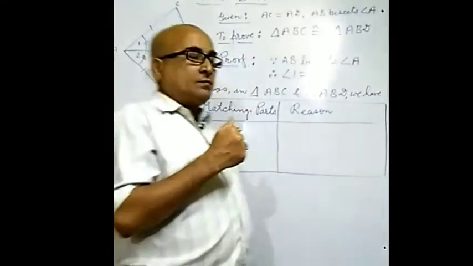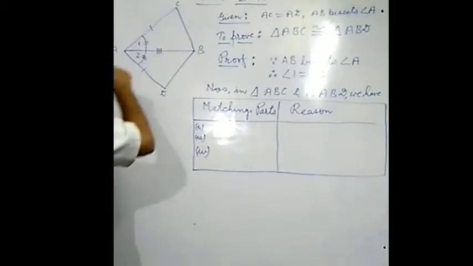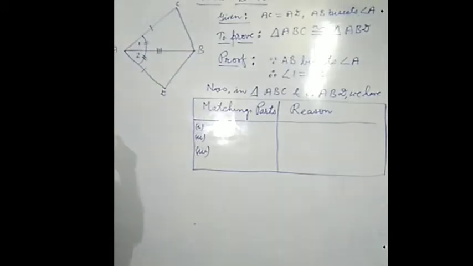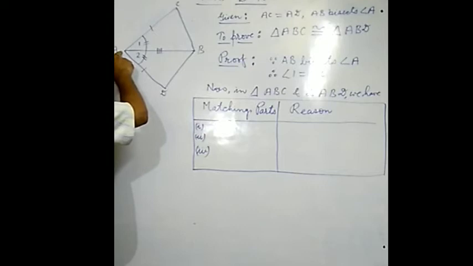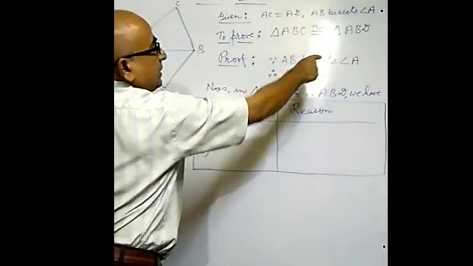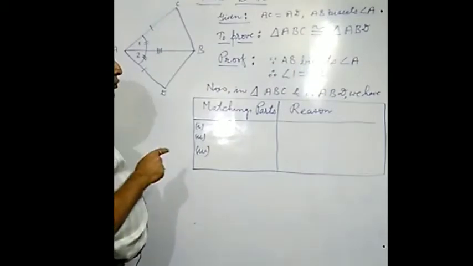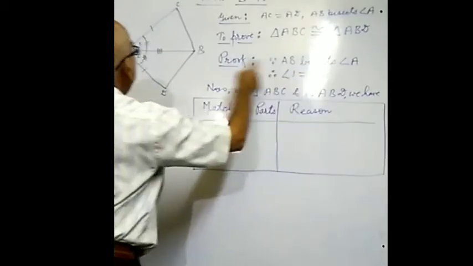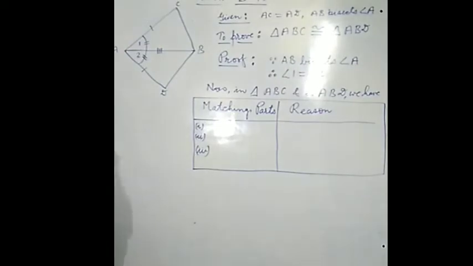Let us see. Now see, take triangle ABC and triangle ABD. In both the triangles, what is there? AB is angle bisector. Since AB bisects angle A, therefore angle 1 equals angle 2, upper angle equals lower angle. We have proved here.